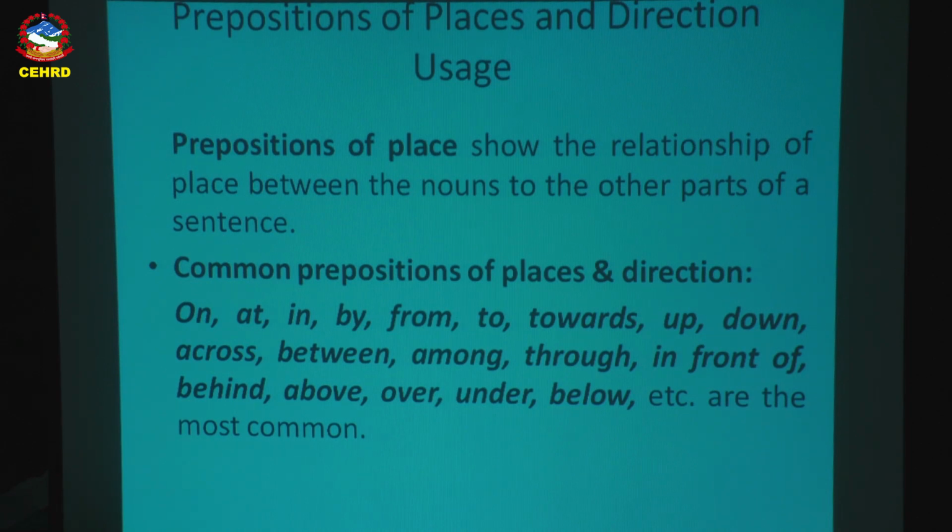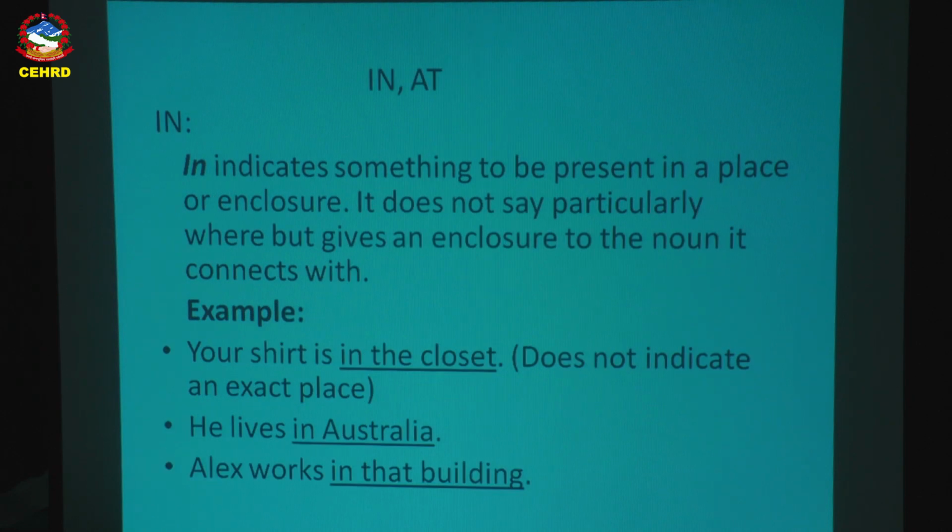Now, preposition of places and direction. Especially I have to highlight in and at here because most of the learners get confused with this. In and at. In is generally, it indicates something to be present in a place or enclosure. It does not say particularly where, but gives an enclosure to the noun it connects with. Like Yusort is in the closet, he lives in Australia, Alex works in that building.